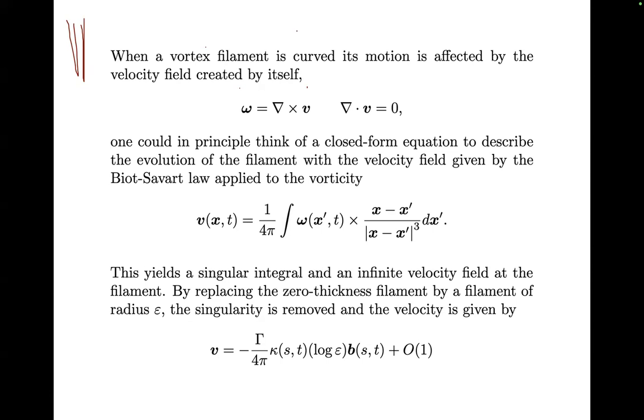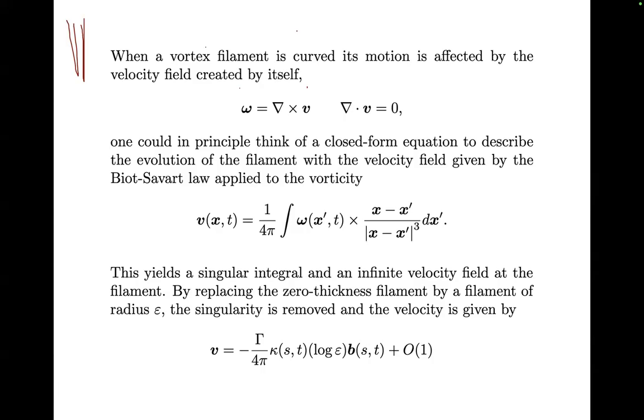The problem is when you want to compute the velocity precisely at the curve. Because if you look at the kind of singularity, the numerator is of order x minus x prime, so the size of the kernel is like the inverse of the distance squared. When you integrate once, it will be like the inverse of the distance. But this leading order will be just dictated by the first approximation of the tangent, so it will be as if your curve were just a straight line.